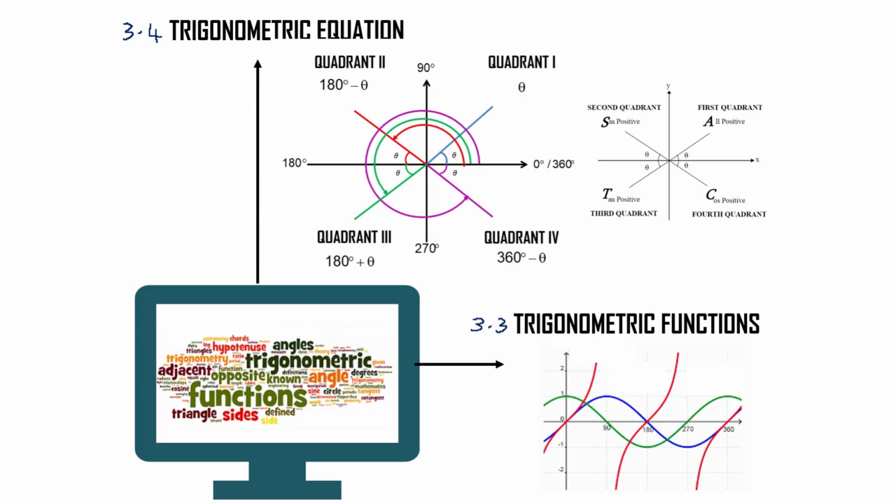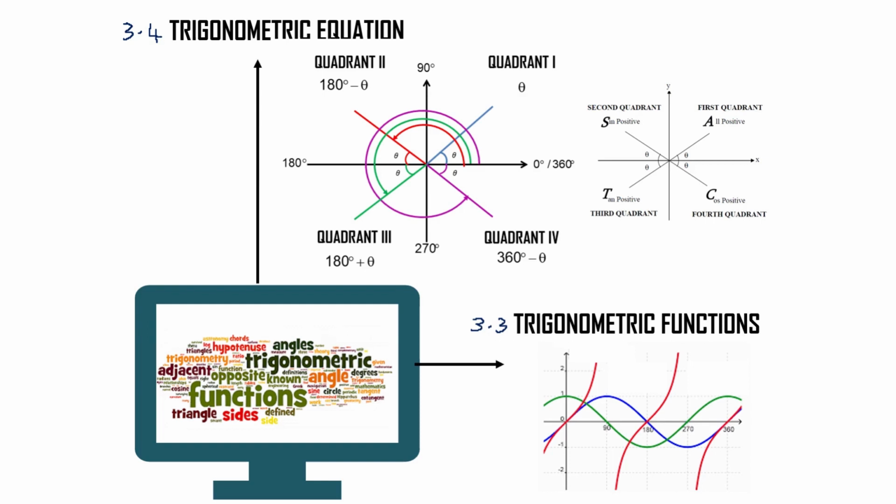In quadrant 3, we'll use 180 degree plus basic angle, and the last one, quadrant 4, we use 360 degree minus basic angle.